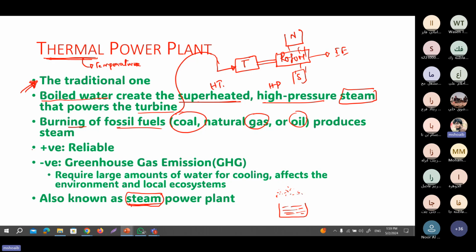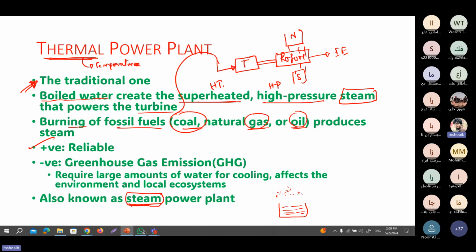So what is the positive of it? This is very reliable. Why reliable? Because there is no uncertainty in terms of having coal, gas or oil. If you have coal, gas or oil in your reservoir, you can generate electrical energy, so the uncertainty is less.